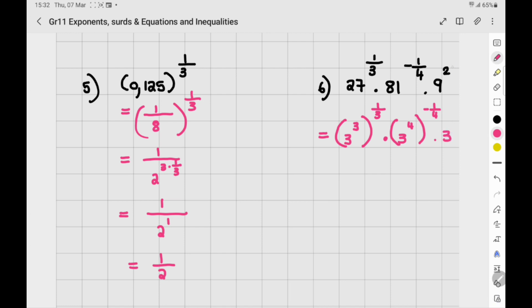That 2 pushes up and multiplies with that 2, which makes it 4. Now we're going to simplify. 3 times a third is 1, and 4 times negative a quarter is negative 1, and 3 to the power 4. Got all the bases the same, and now we're going to add our exponents. 1 minus 1 plus 4 gives you 3 to the power 4, which is also right.